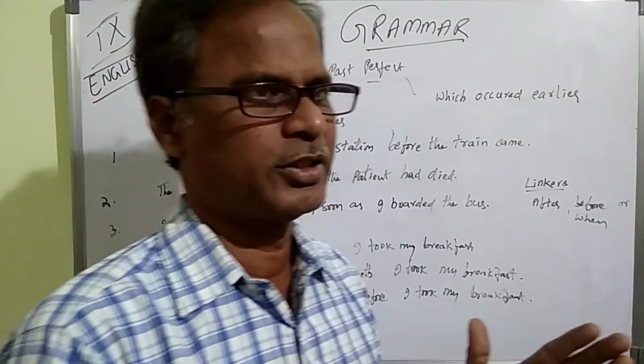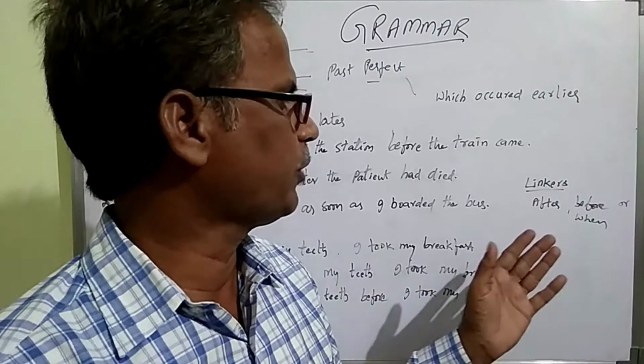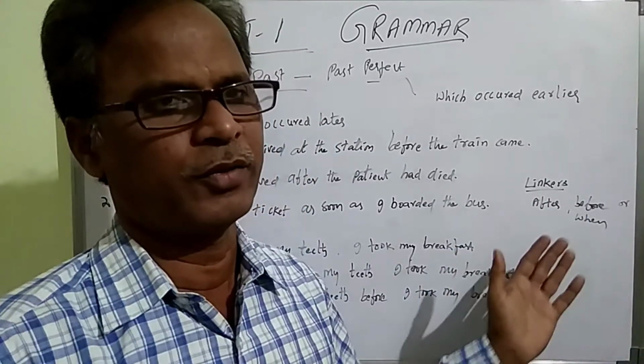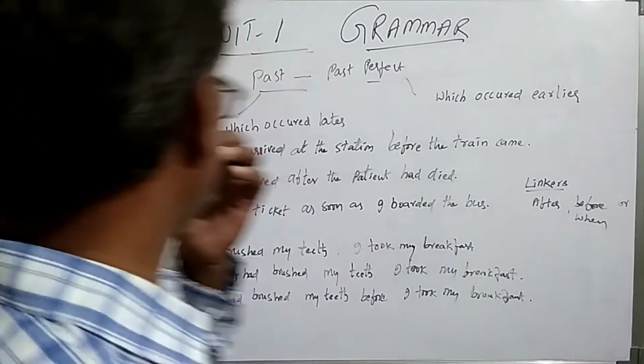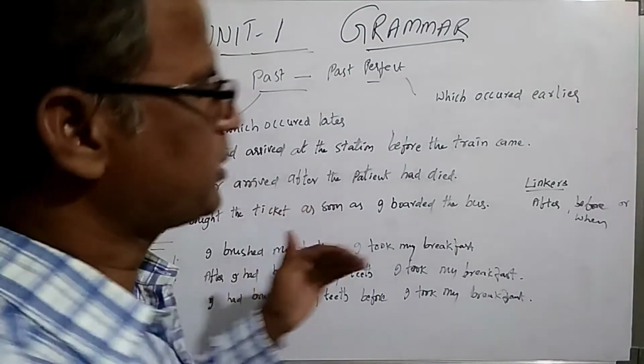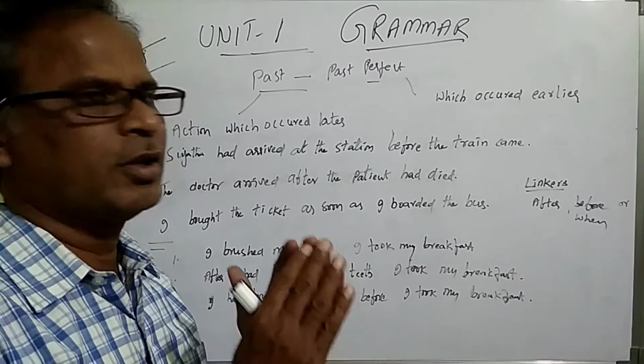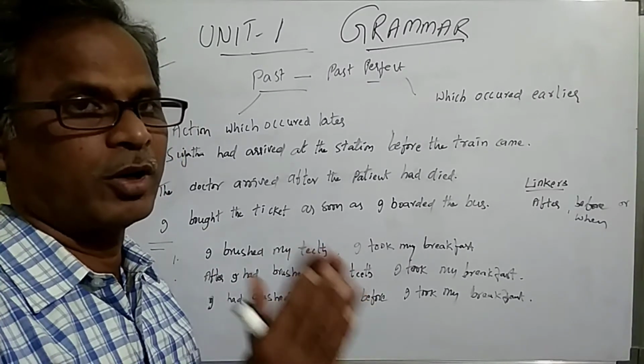So when two different sentences are given, they are combined by using one of these connecting words. Generally, this part discusses sentences about actions of the past.